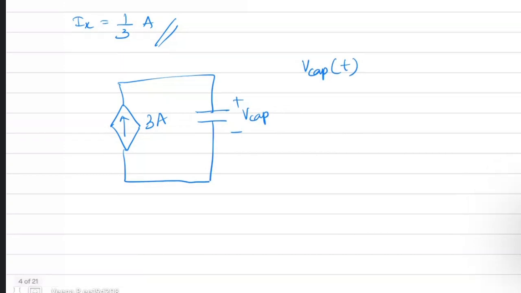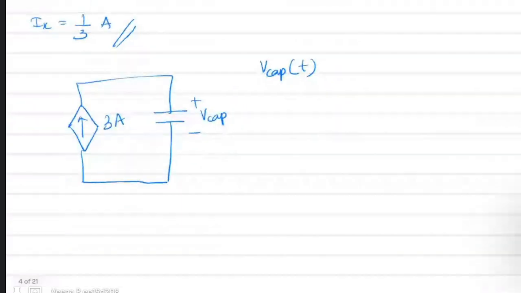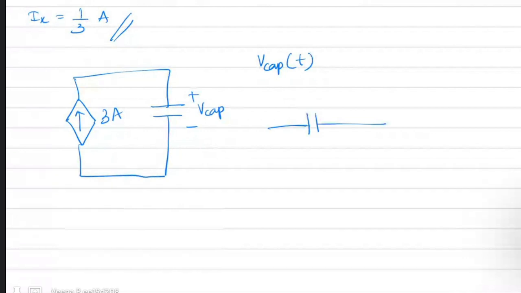So if you are given a capacitor and you know the direction of current I, the point where the current enters will have positive polarity and the point where the current leaves from the capacitor has a negative polarity, and this is my capacitor voltage Vc of t. Both Vc of t and I are functions of time.